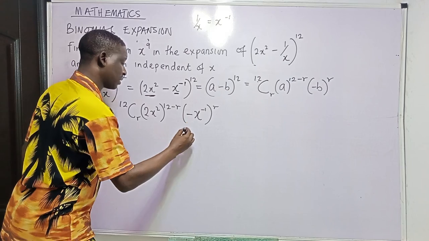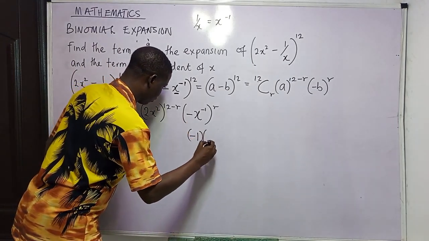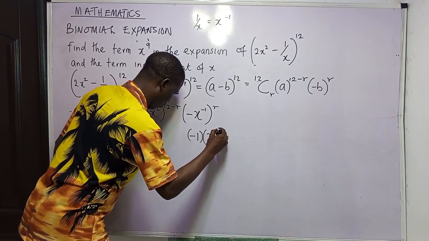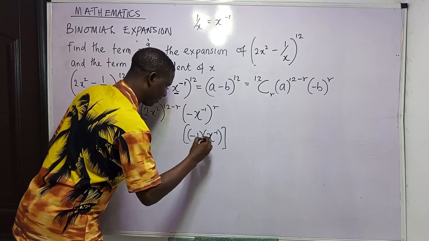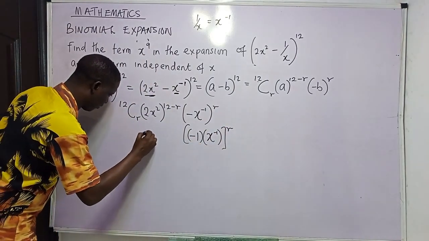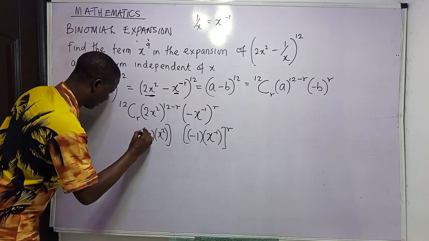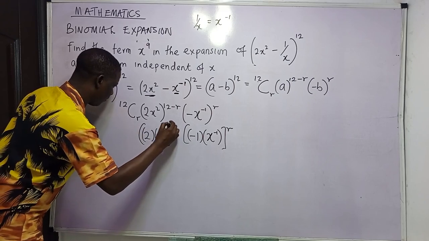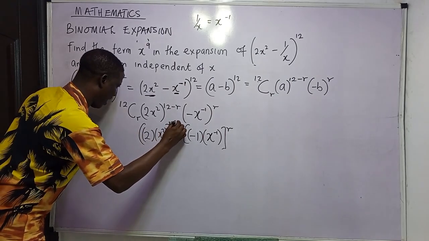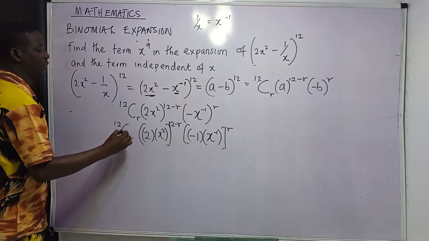Don't forget that this one can be written as minus 1 into bracket x to the power minus 1 of bracket r. This one can also be written as 2 into bracket x squared of bracket 12 minus r. Then we have 12 combination r.